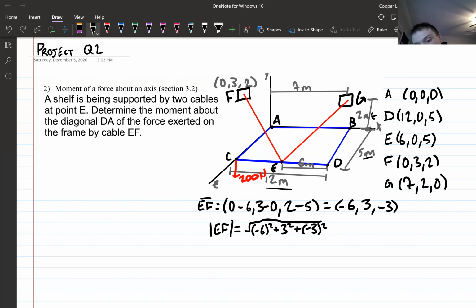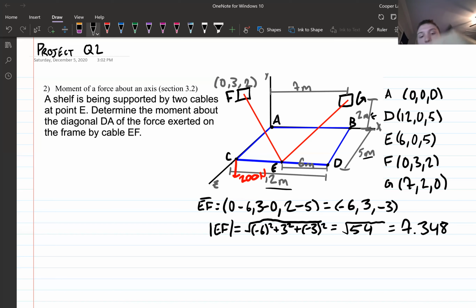So when I do this, I end up getting the square root of 54, and that equals 7.348.